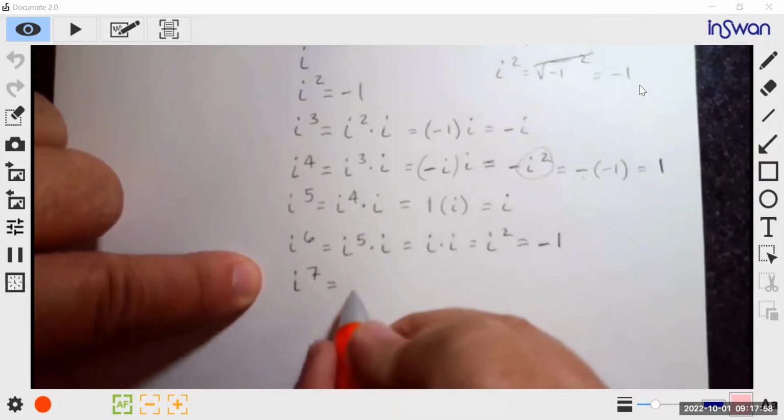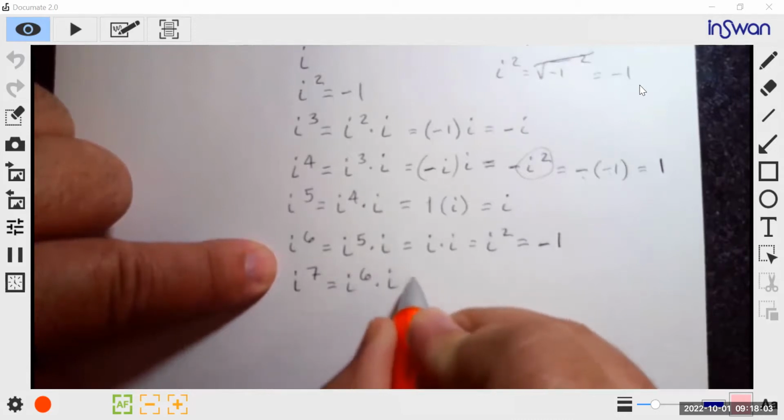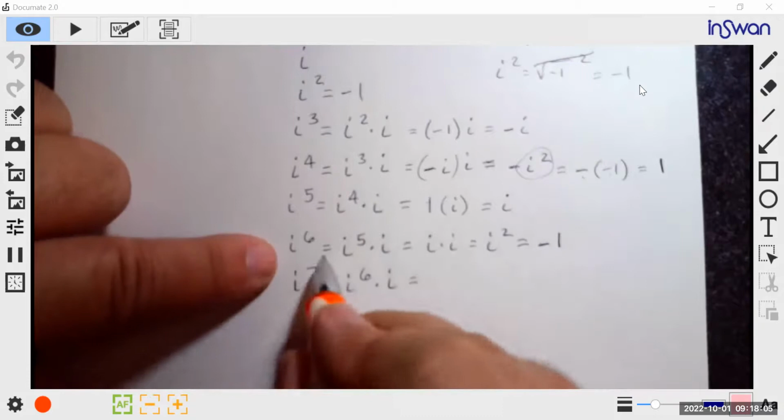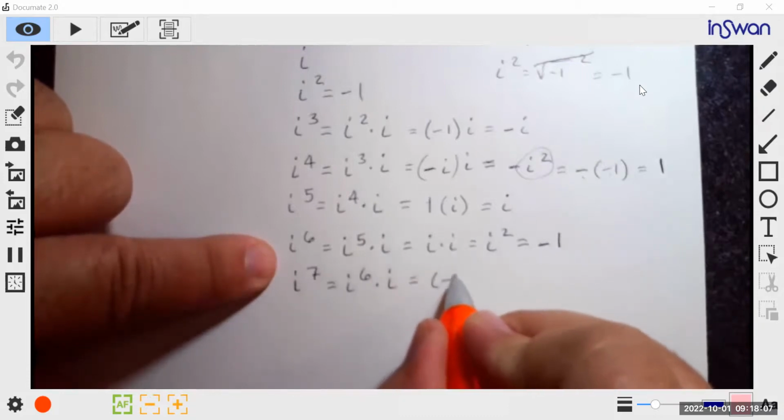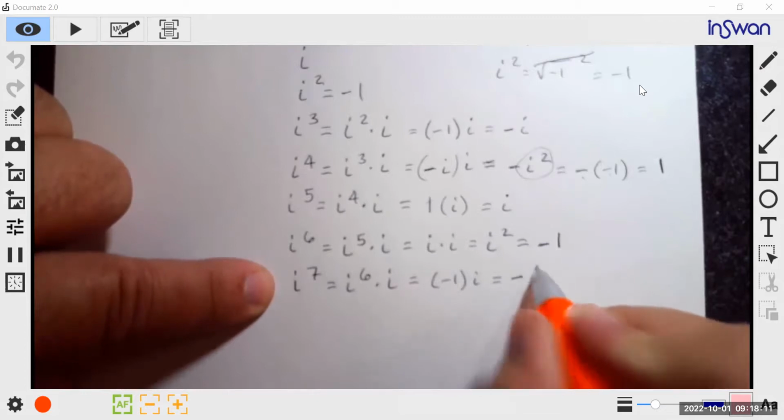i to the 7th is i to the 6th times i. i to the 6th was negative 1. Negative 1 times i is negative i.